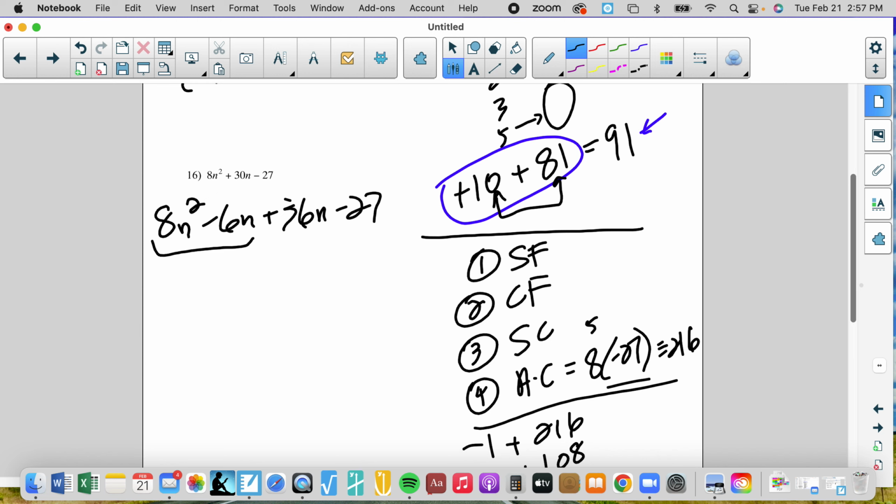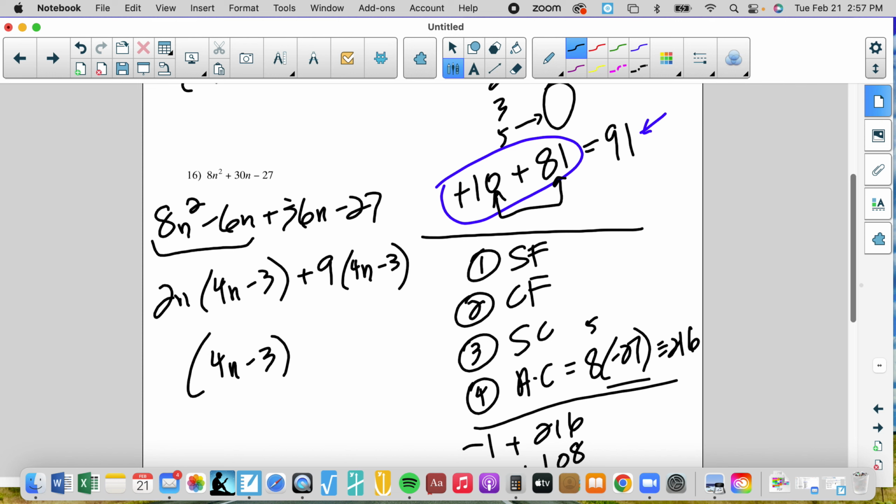I'm going to take out a 2n, which gives me 4n minus 3. And I'm going to factor out a 9, and I get 4n minus 3. So: 4n minus 3, 2n plus 9.